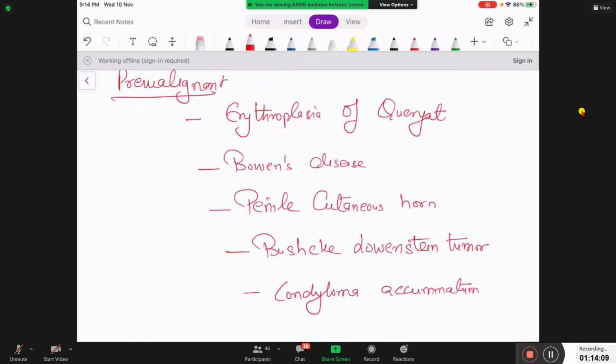These are the pre-malignant lesions for carcinoma penis. Protective factor, female gender.